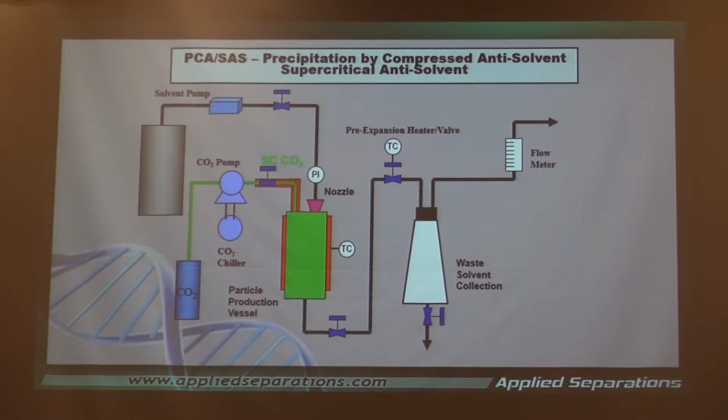So if we continue this, now we introduce our solvent and solute. And we spray this through a nozzle. And again, the CO2 is passing through. The solvent will dissolve into the CO2. It is carried away.